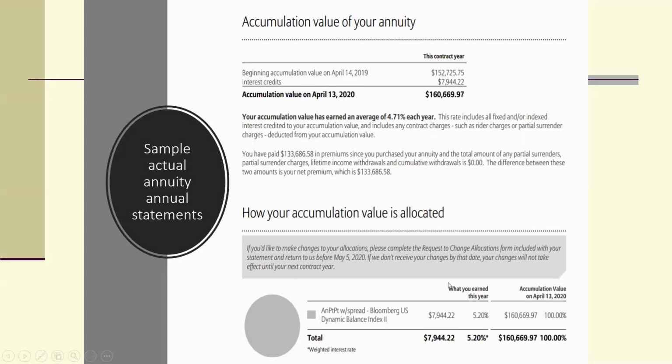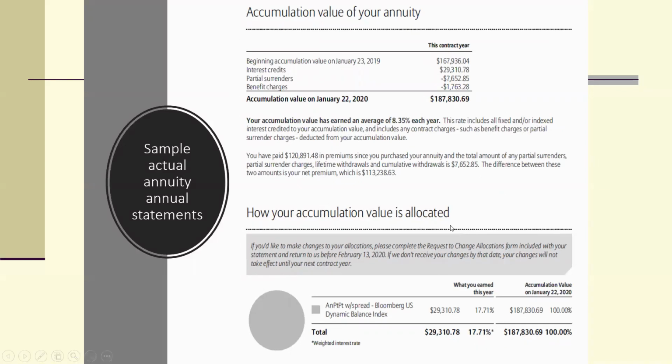Now, the reason I share that with you is that this incorporates the period of March when we saw the market decline by as much as 35%. So during the same period when a lot of people had been losing money, this person enjoyed an interest credit for that particular year of 5.2% with no market risk.